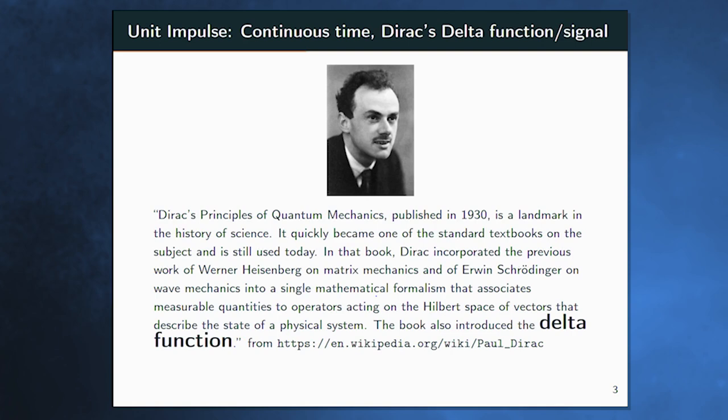Okay, so for the continuous time unit impulse, we need a more complicated identity, and that is actually what was introduced by a prominent physicist, Dirac, who invented this thing. It has very important physical applications to the physical sciences, especially engineering.